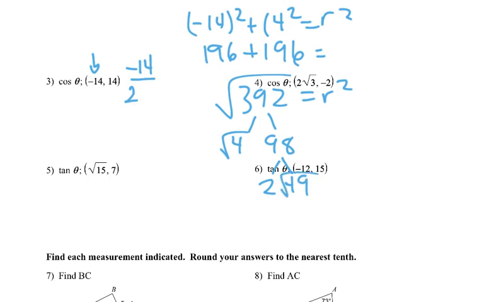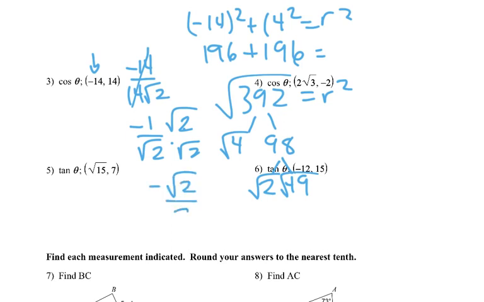Well, I know the square root of 49, right, is 7, so 2 times 7 ends up being 14, and then square root of 2, because I don't know the square root of 2. Okay, now again, we should remember I can cancel out the 14s, so negative 1 over the square root of 2, but I don't like to keep that square root of 2 on there, so I get negative square root of 2 over 2, and that's my answer.